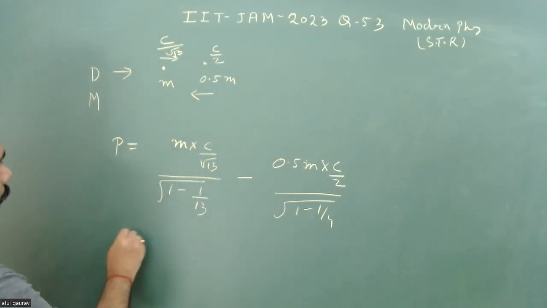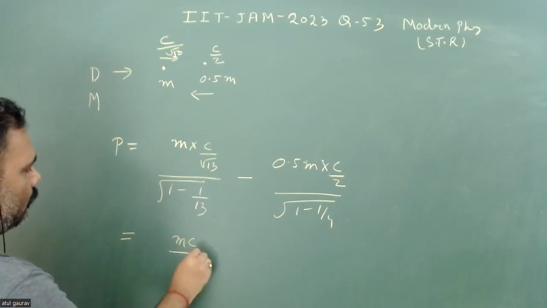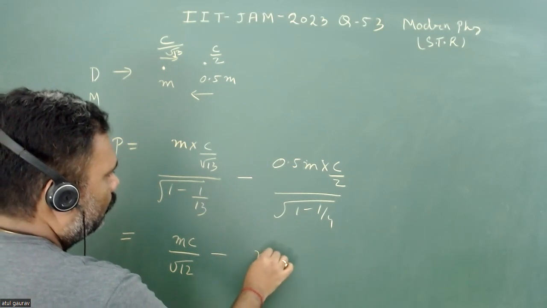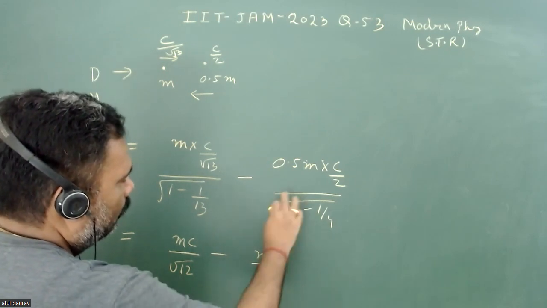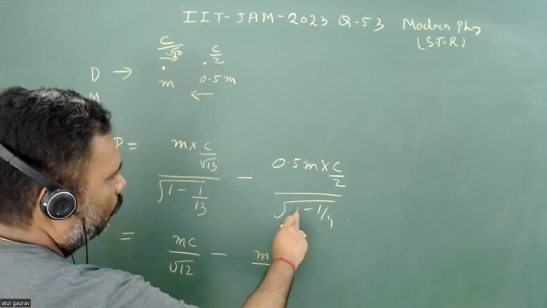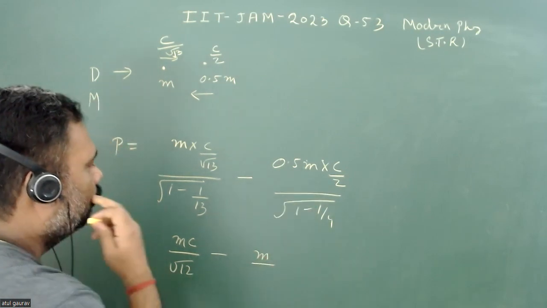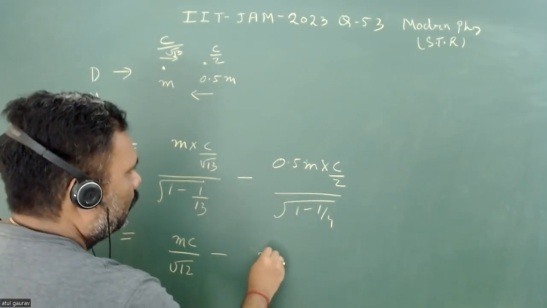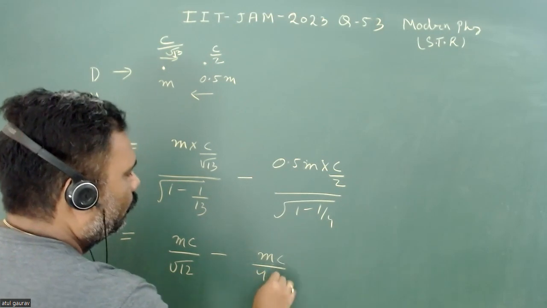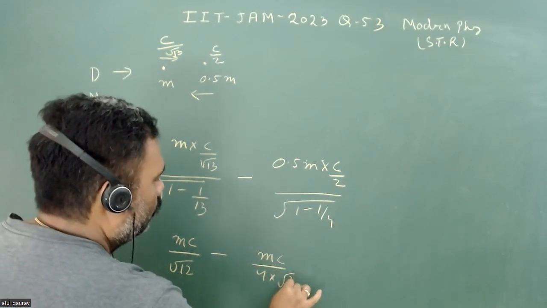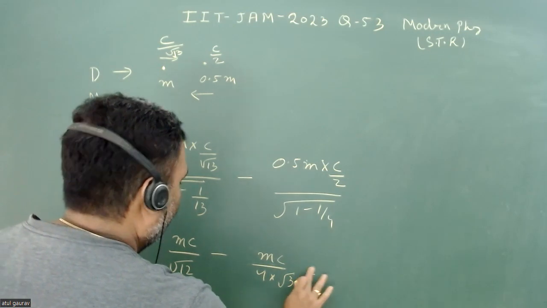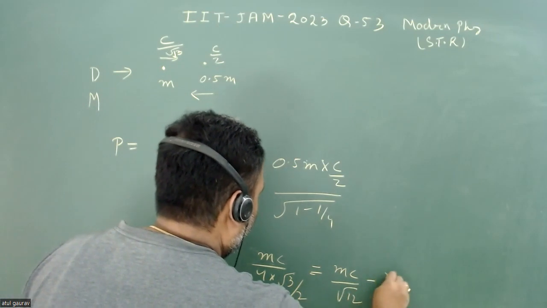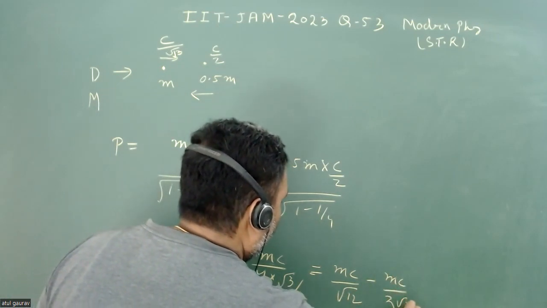When we calculate it, this value is equal to mc upon root 12 minus mc upon 2 root 3.